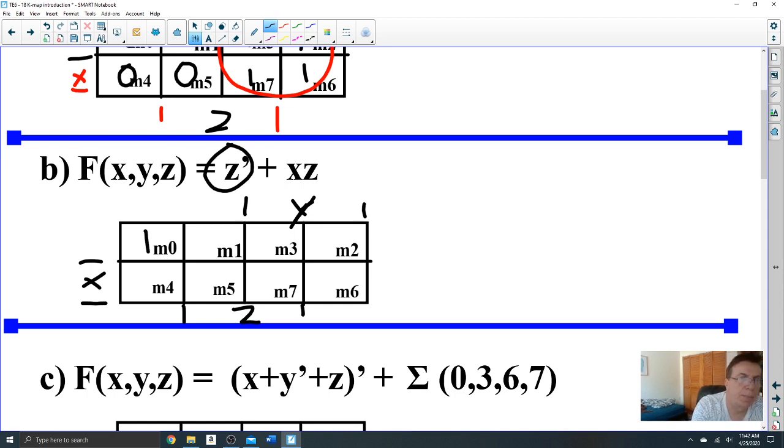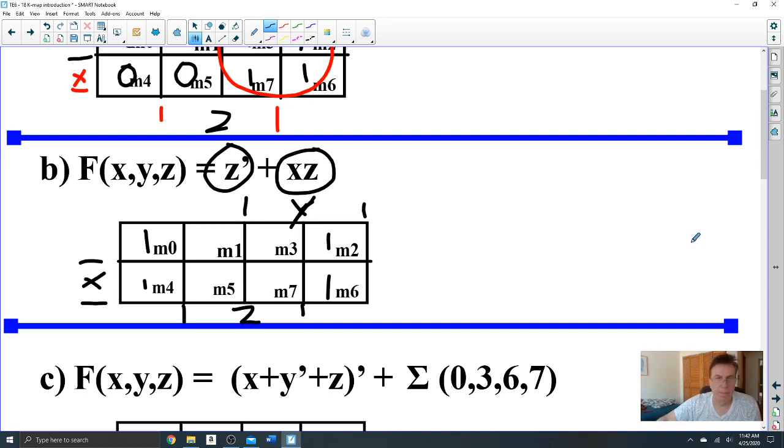Where's z prime? Probably outside of z. So this is the quad z prime. Now xz, where's xz? xz is a pair that exists somewhere on the map within variable x and variable z. So variable x is the bottom, right? Variable z is right here.